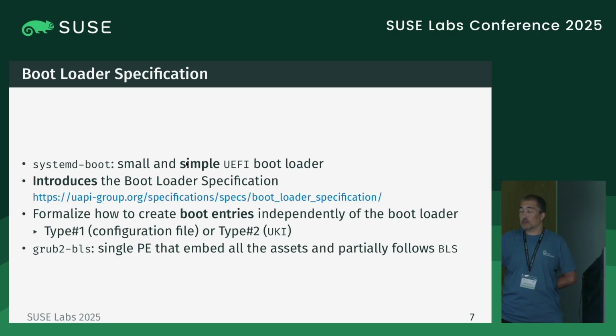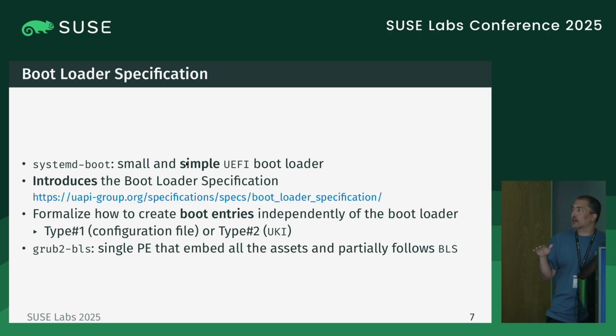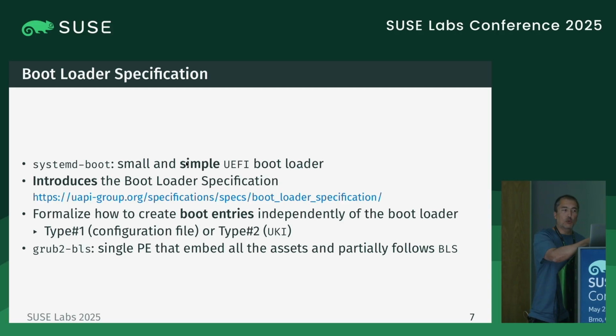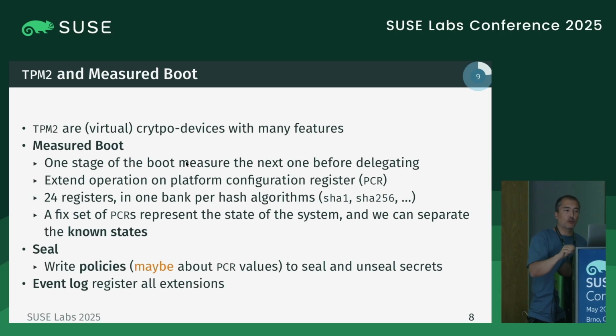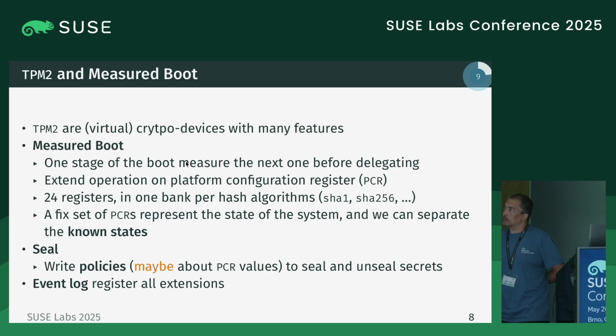And it's partially following the BLS specification and the BLI interface specification. It's a partial support, but enough for us. And this is a massive simplification for the architecture that we proposed some time ago. This is ready to be used, and we are working on making it the default option for openSUSE.